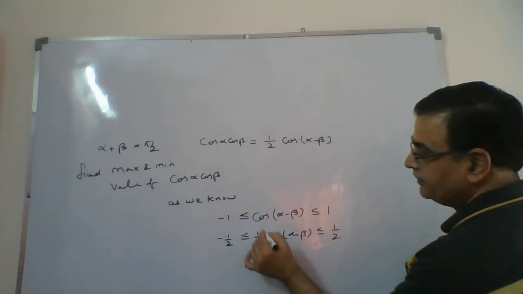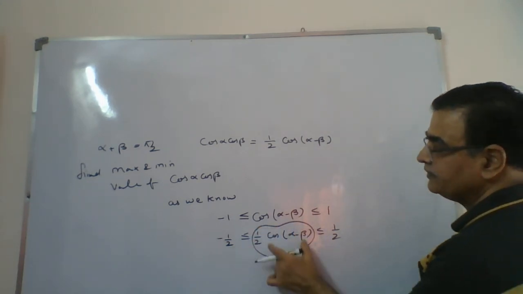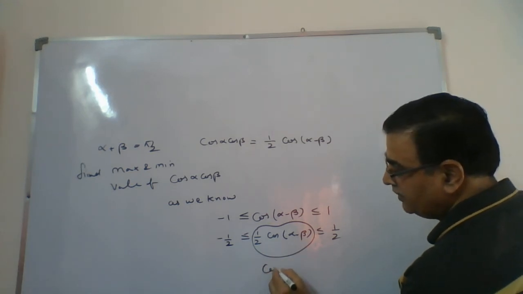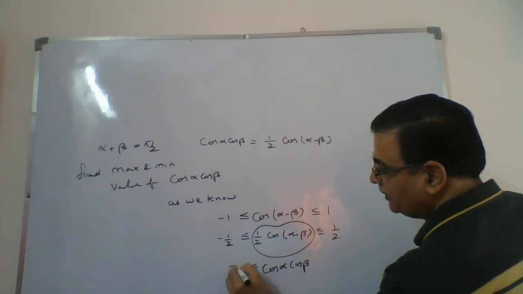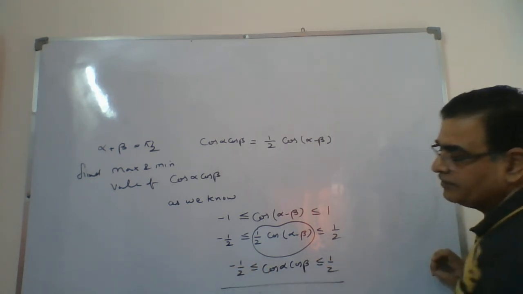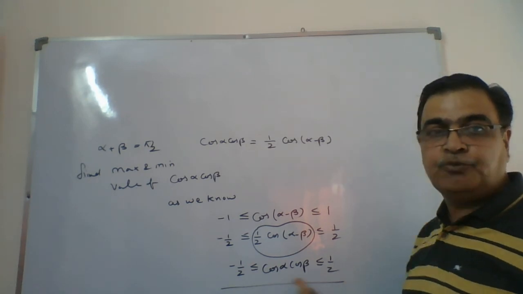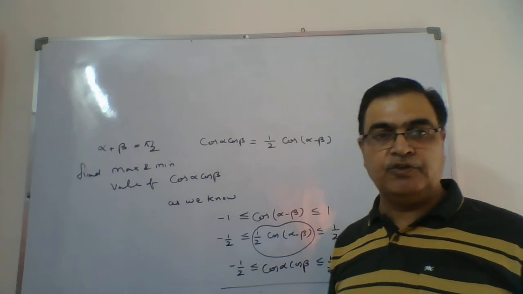This result is between minus half and half. This is nothing but cos alpha cos beta, so it comes out to be between minus half and plus half. So the maximum value is half and the minimum value will be minus half. Any angle we can take and we will find out the value.